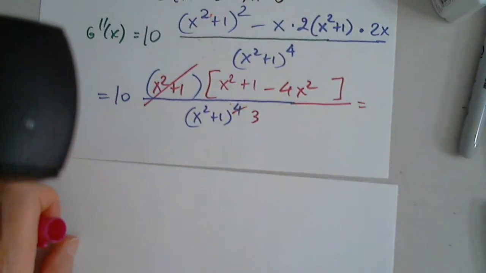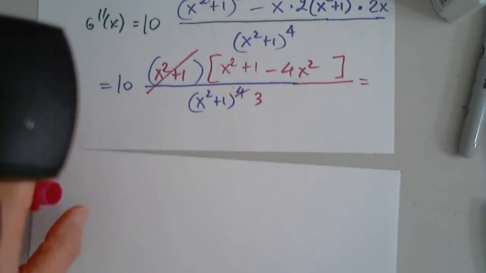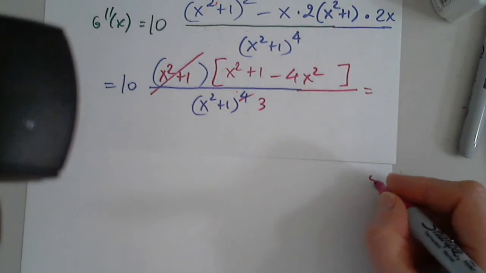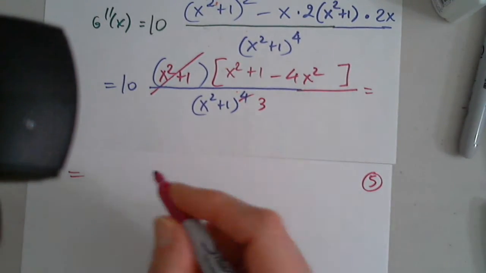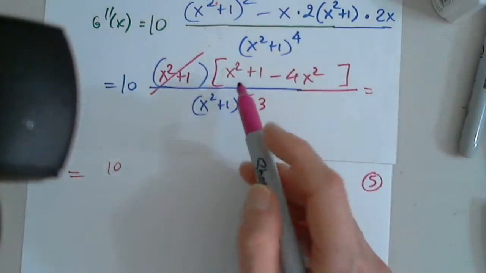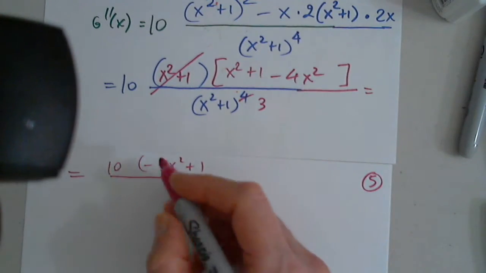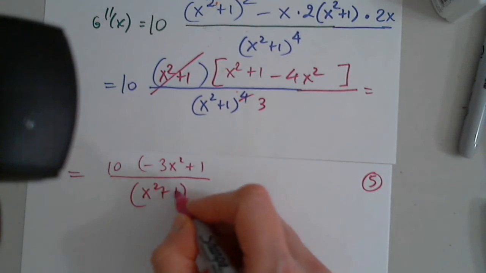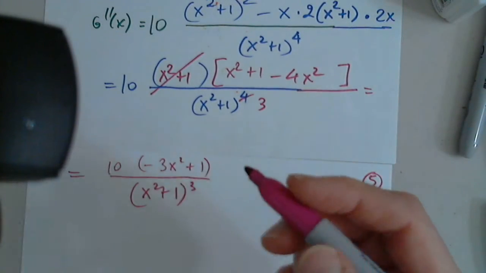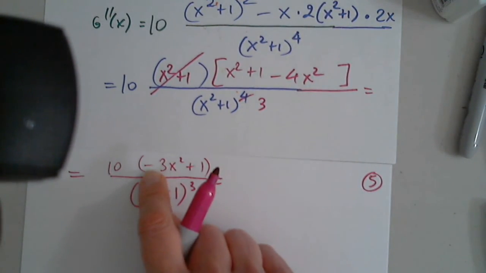Right here. Which page am I on? I'm on 5. Good. So I have a 10 outside, and I have a negative 3x squared plus 1 over x squared plus 1 to the third power. Yes, negative leading coefficient.